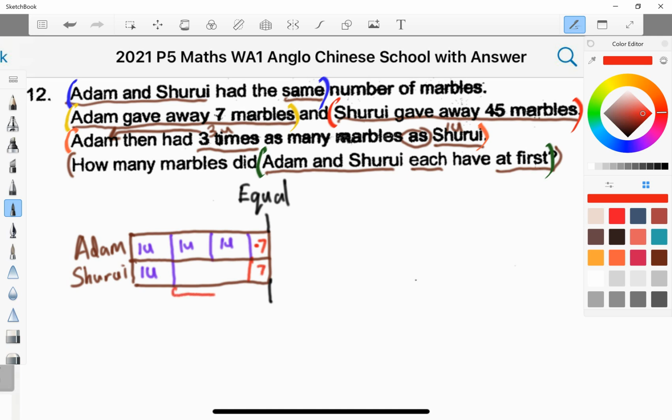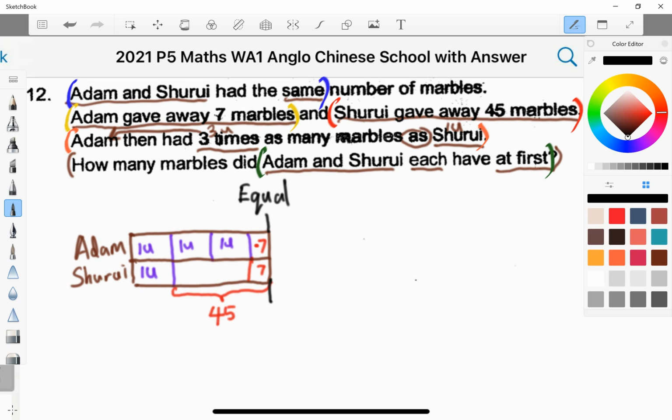Then what about here? The question told us that Shure gave away 45. So this whole chunk is 45, and that will give us the value of 2 units. Having more or less completed my model, now I will proceed with the equations.